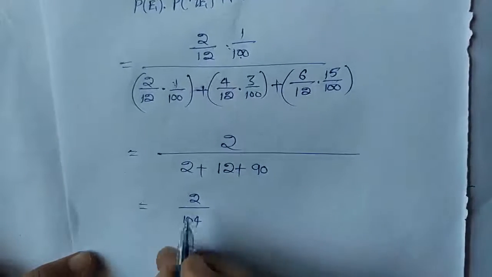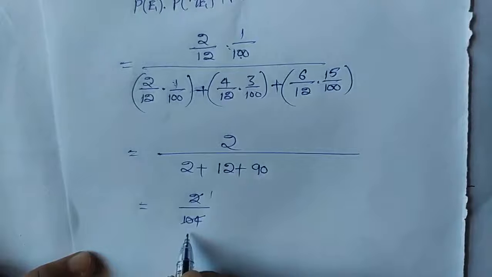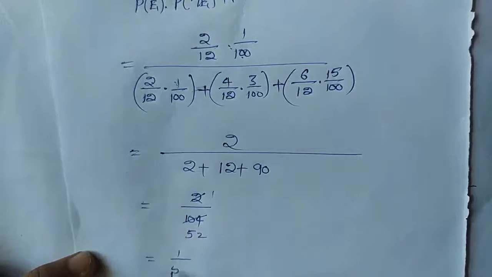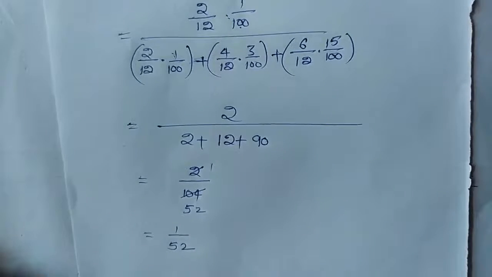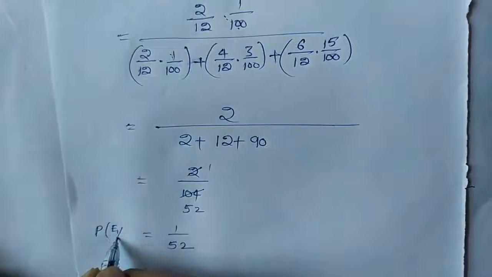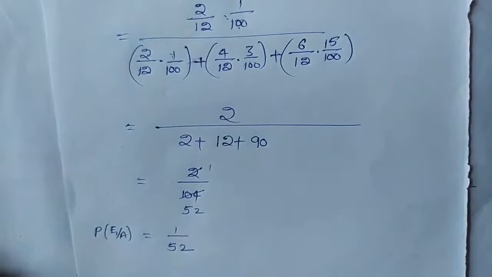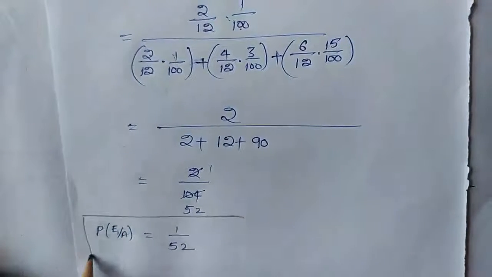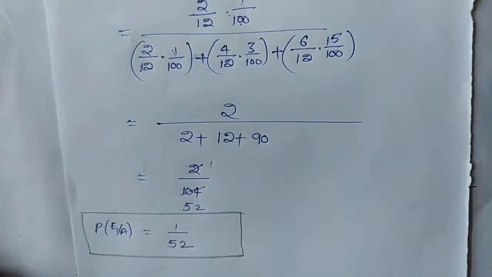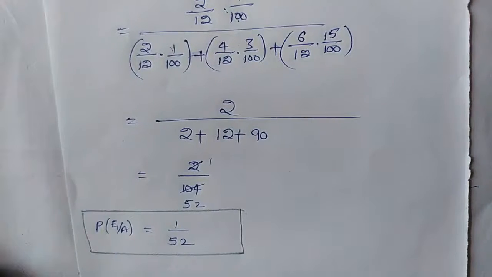Therefore that is equals to 1 by 52. Hence it is a required probability P of E1 by A. If you want to write in a fraction, you can write, or else you can stop here itself.